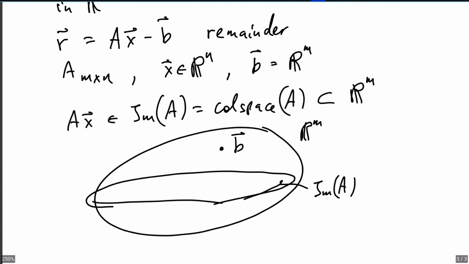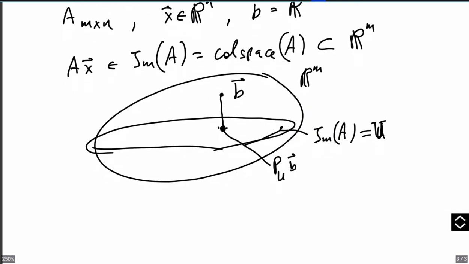And again, what we want to do is minimize the distance between this b vector and the Ax vector. And this will be if we use here the projection of b onto the image. Let's denote it with u, following the previous notation.